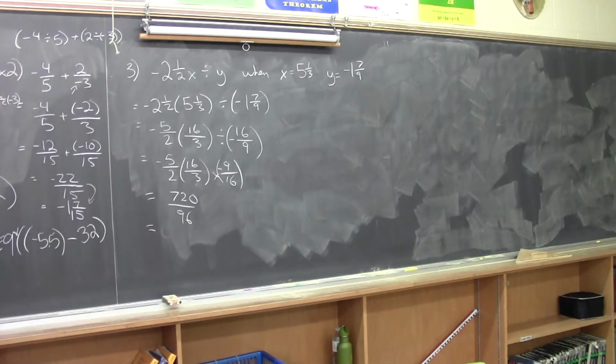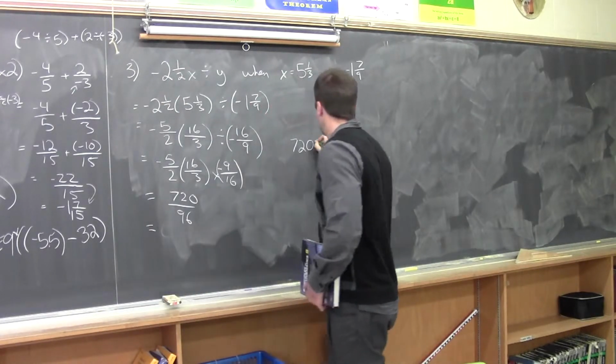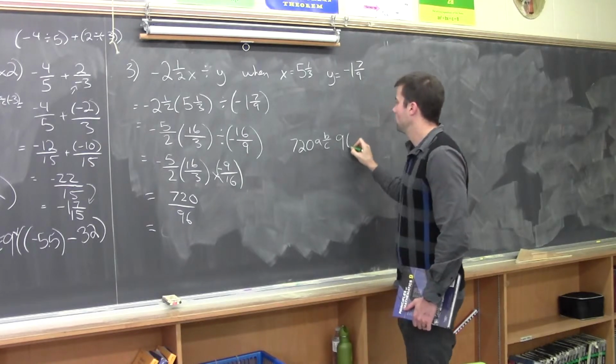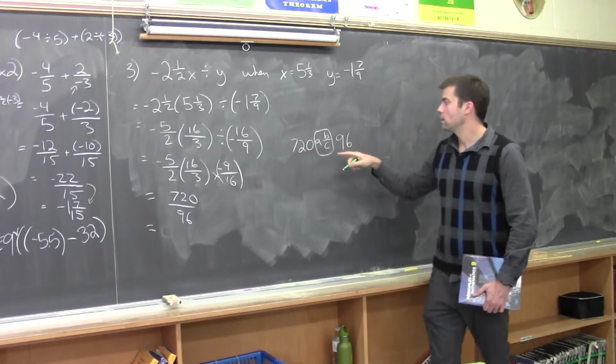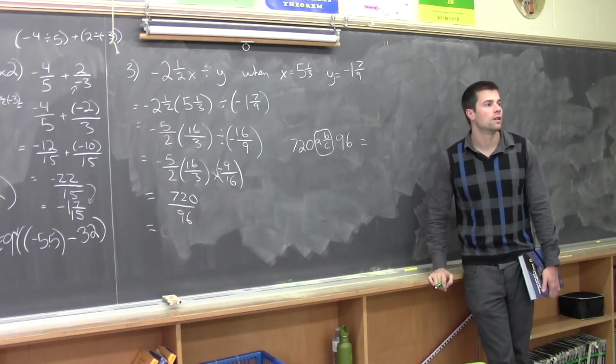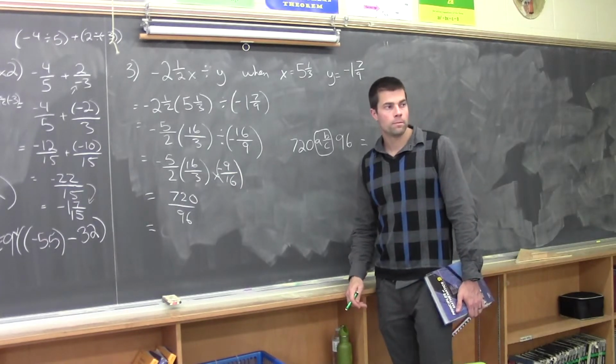Converting that to a mixed number. So try this on your calculator. 720, press that key, and then 96, and then press equals. It might give you the mixed number. 7.5. It gives you 7.5? Yeah. Okay.